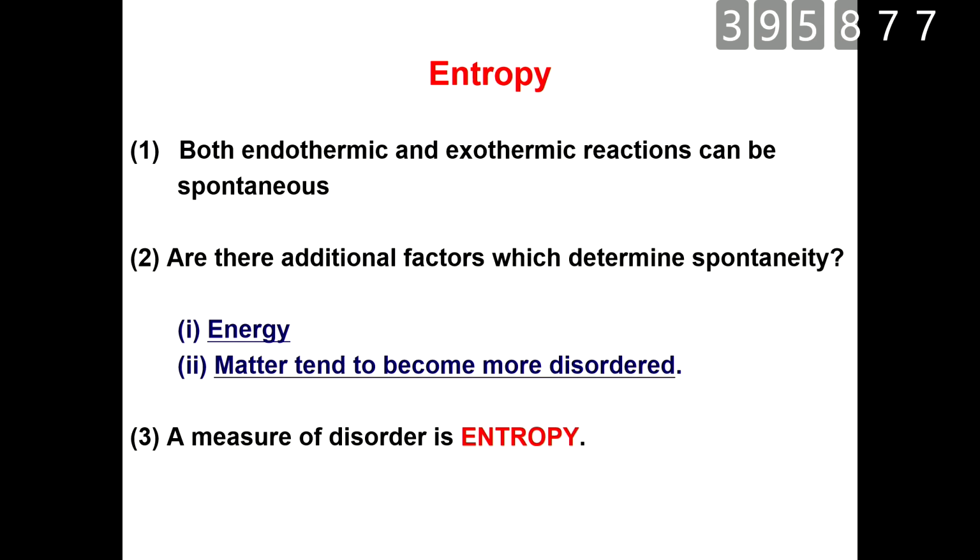If the system becomes more disordered, this is also easy to happen. A measure of disorder is entropy. Now here we introduce what entropy is. Entropy means a measure of disorder. Okay, now what is disorder?